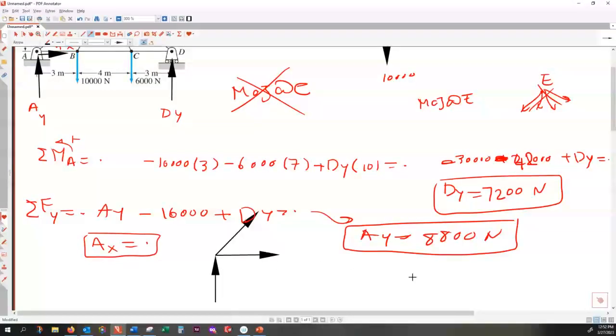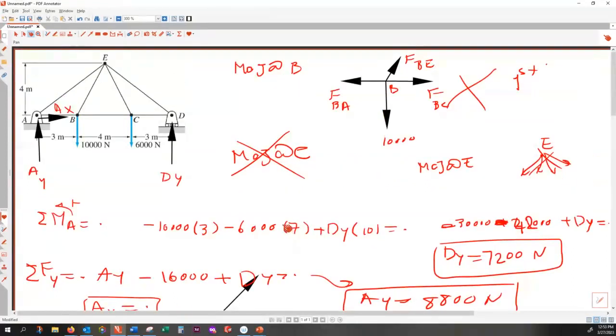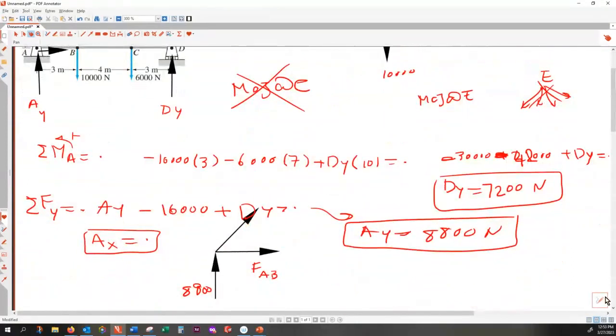I'm assuming that all of them are positive, and that is 8,800. And this force is FAB, and this force is FAE.